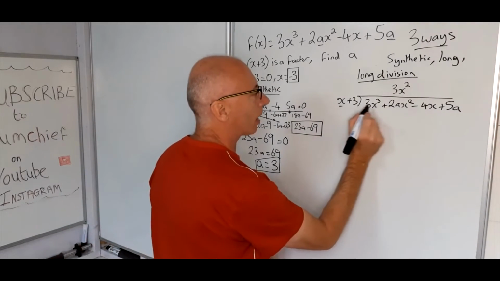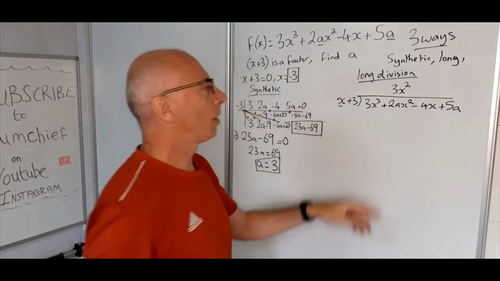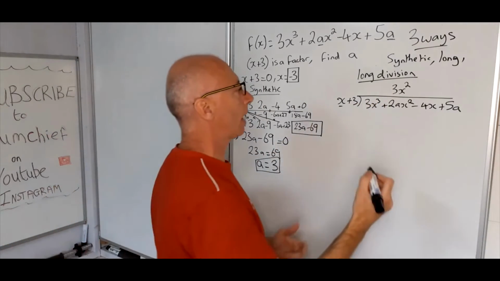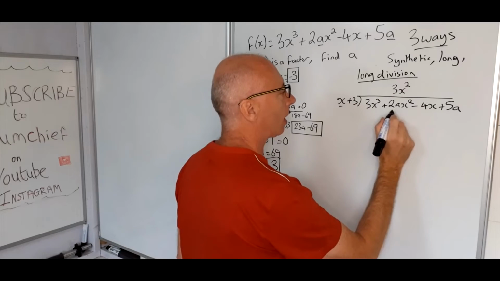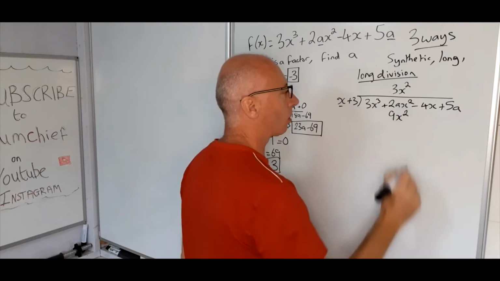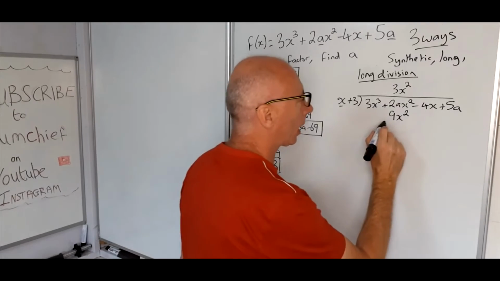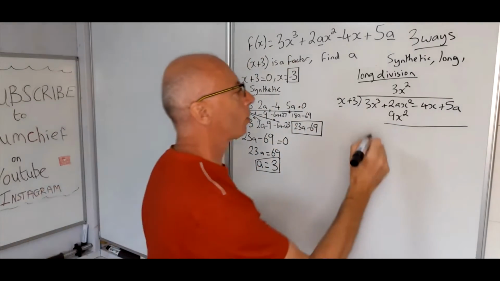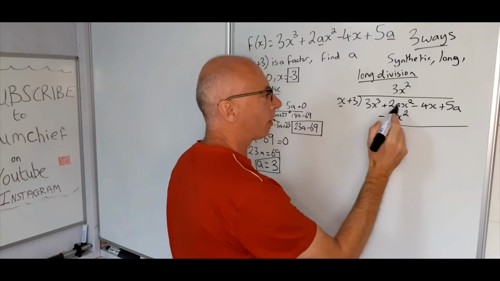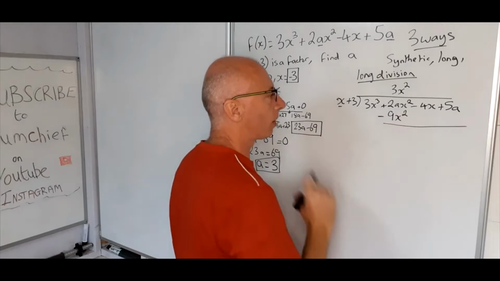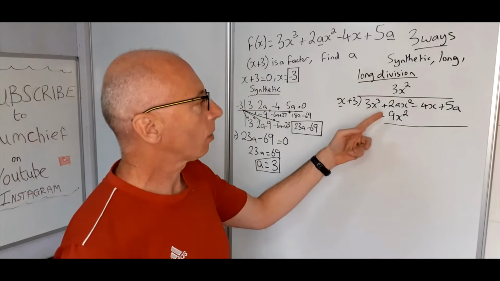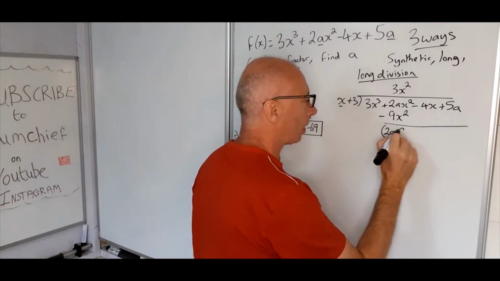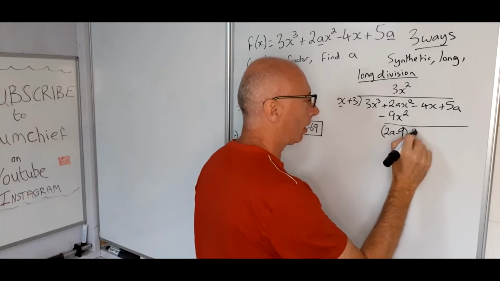Now this 3x squared, we multiply it by the 3, so 3x squared times 3 is 9x squared. Now just drawing a line underneath, we're going to subtract. So this term, subtract this term. So 2ax squared minus 9x squared, 2a minus 9x squared.